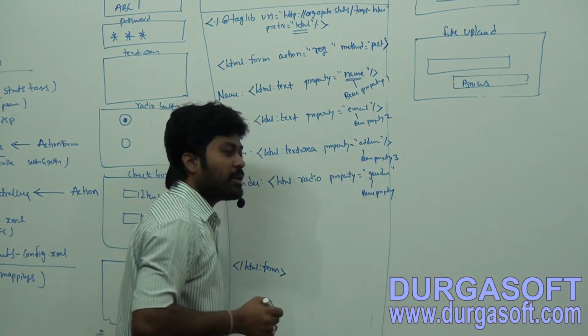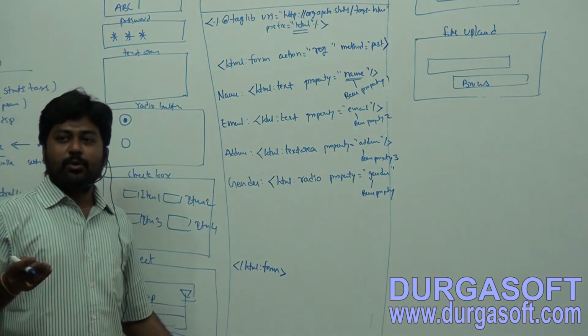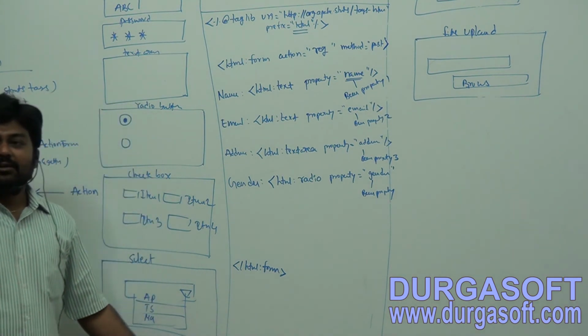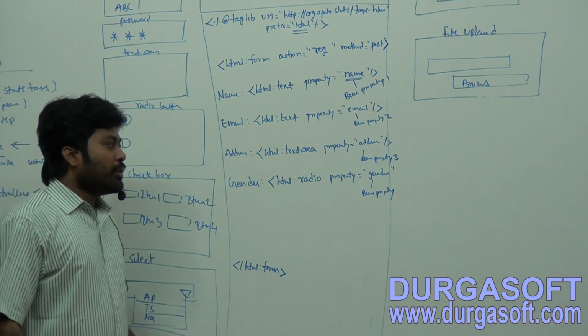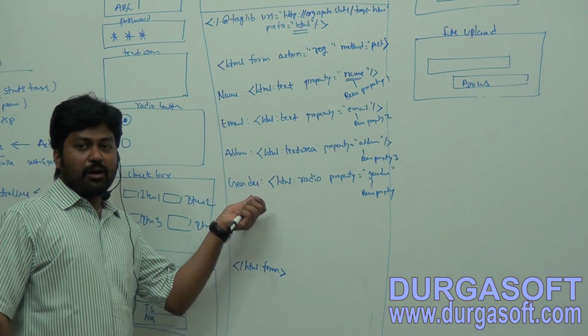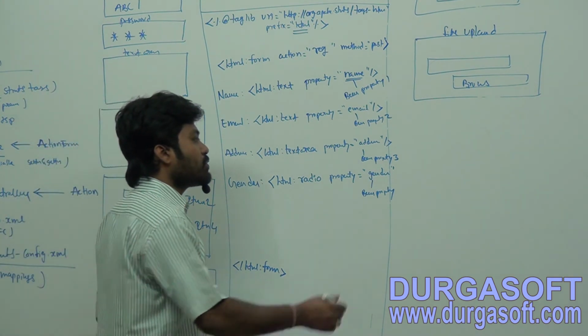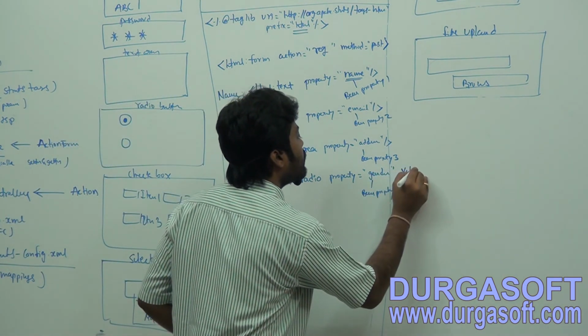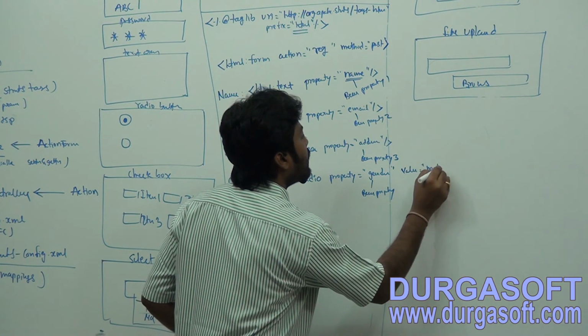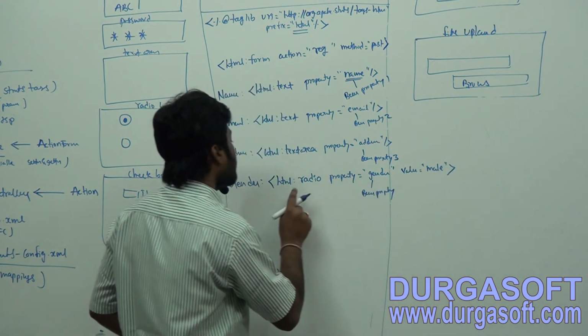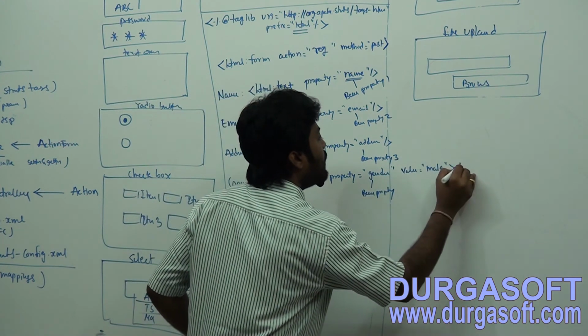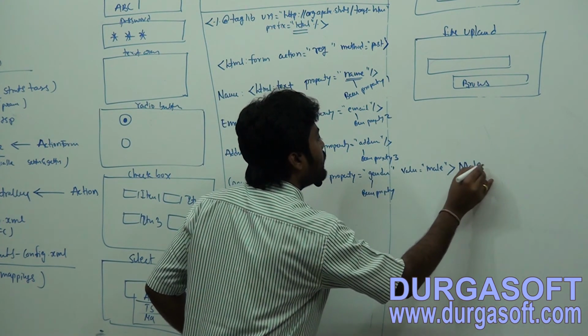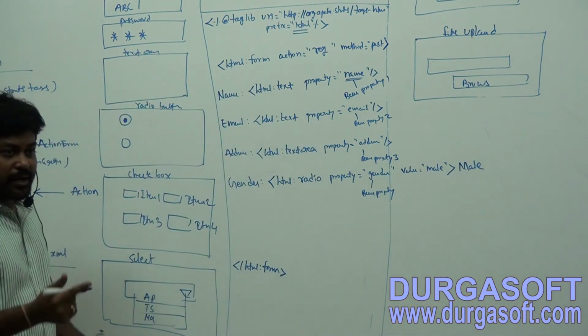Here gender is optional, right? We can have multiple options like male and female, but only one value needs to be stored, either male or female. That value you need to configure here, male. If we select this one, then the male value will go to your bean class.